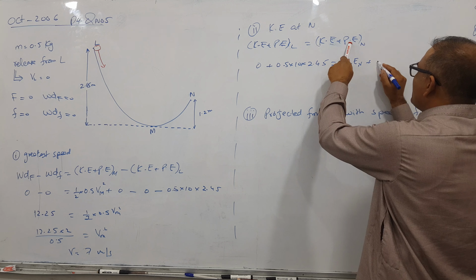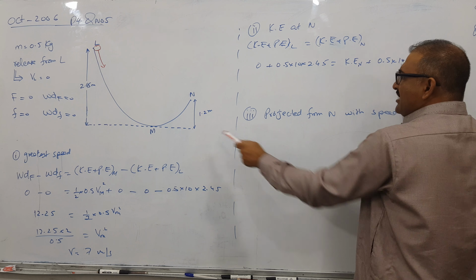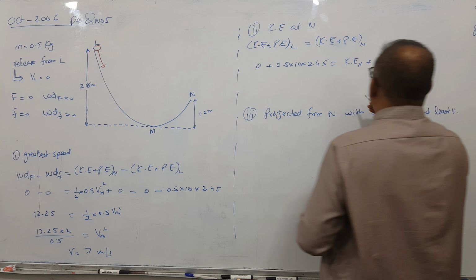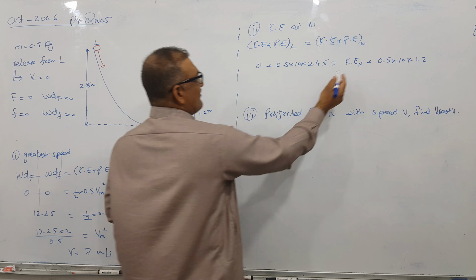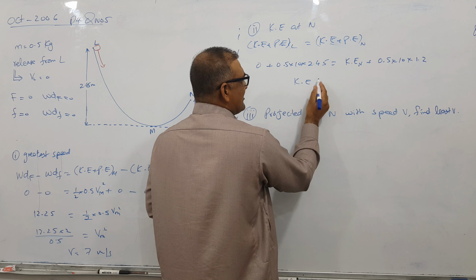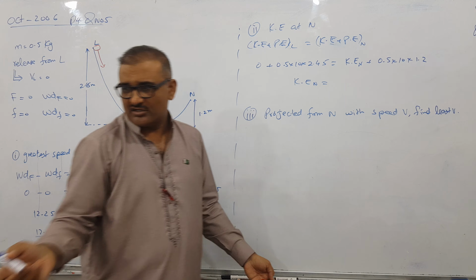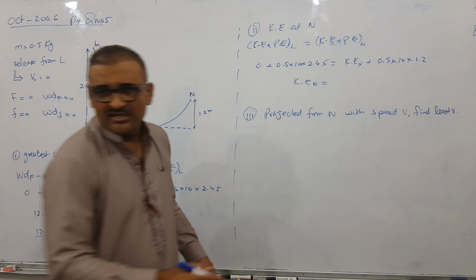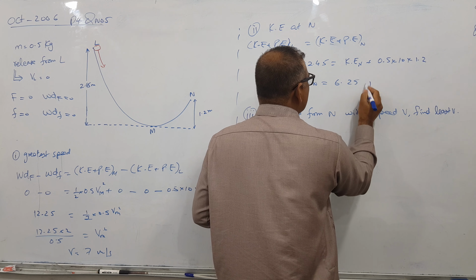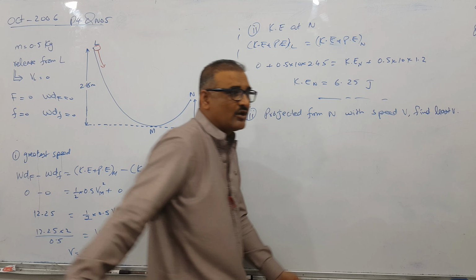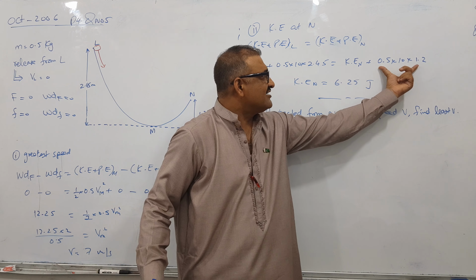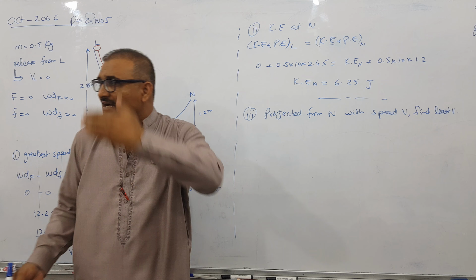And what is the potential energy? We know it, m, g, h is 1.2. It means this will come here and I'll get the kinetic energy. So kinetic energy at N is 6.25 joules. We got the answer. So easy. Solve this and subtract from this, you can get the answer easily.